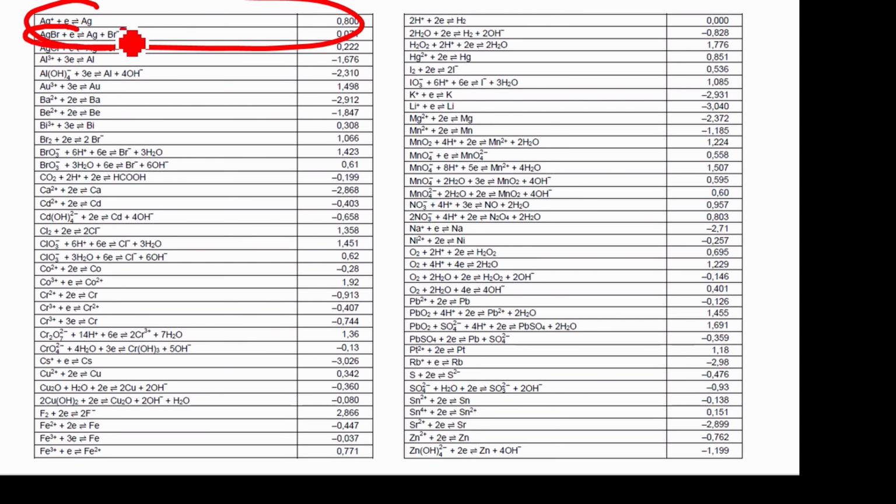Here below we have this second type, the metal salt anion half cell. What else? Here you have, for example, the redox half cell. We have two kinds of ions that take part in the electrochemical redox reaction.